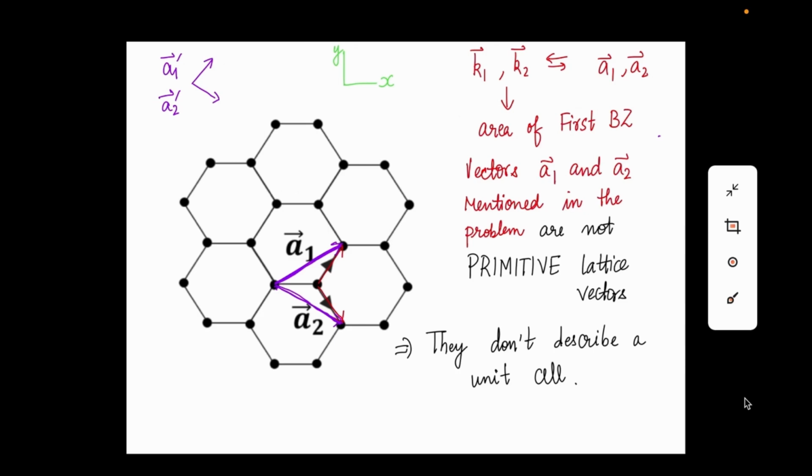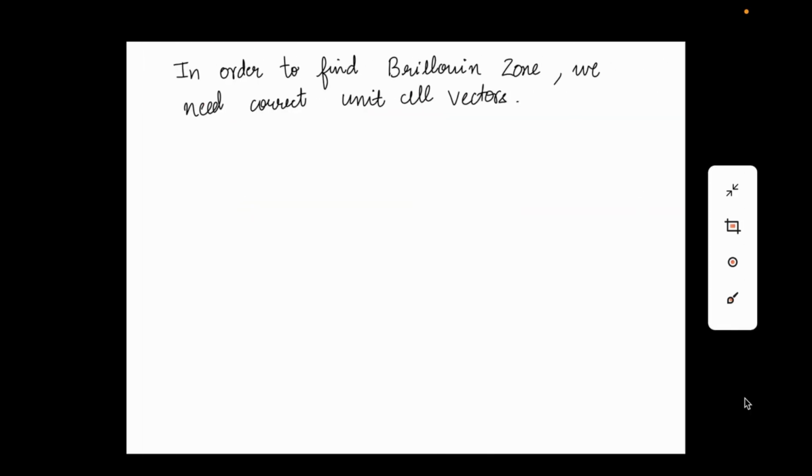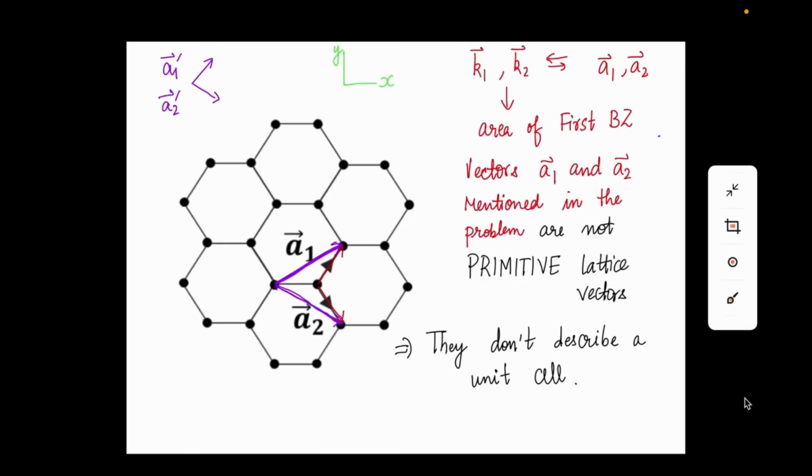So basically, what is the length of that? If you consider this triangle, this is a, and this is 120 degrees.